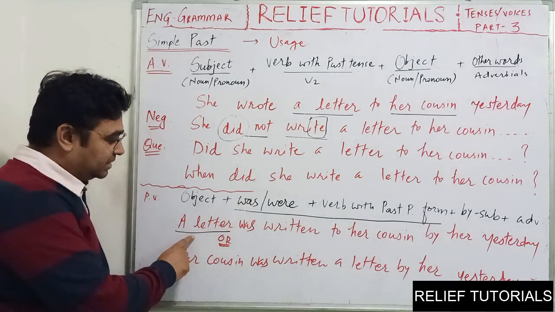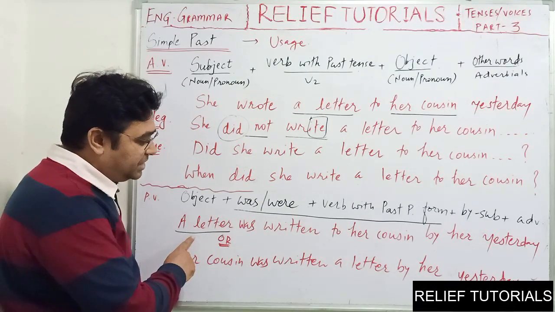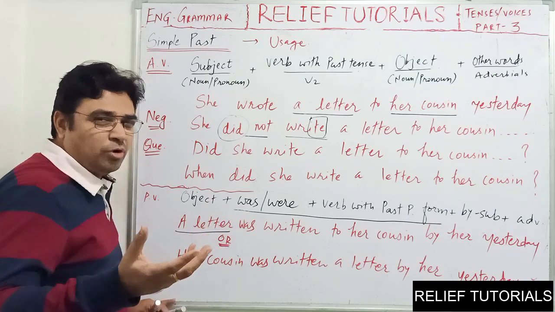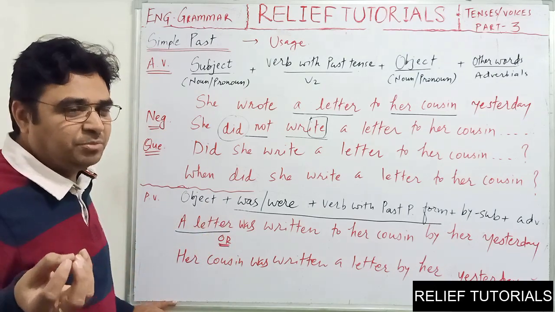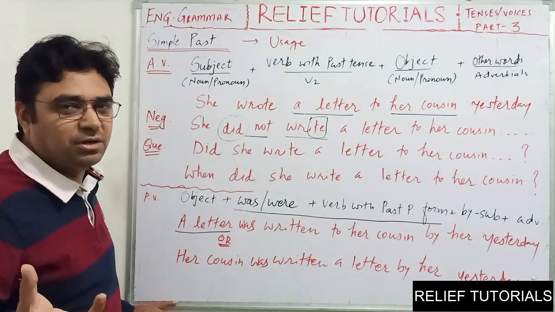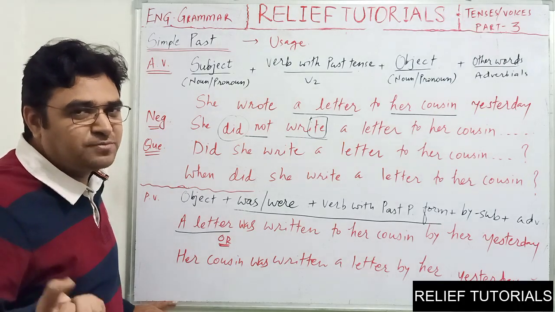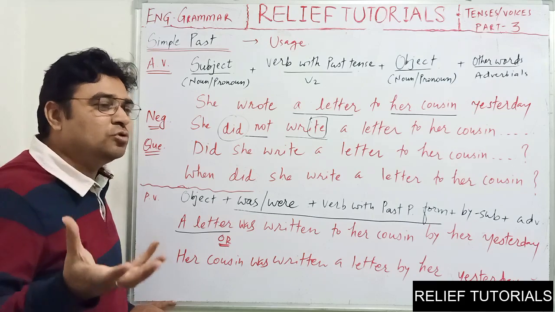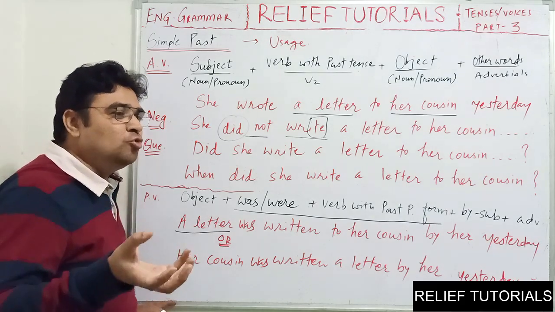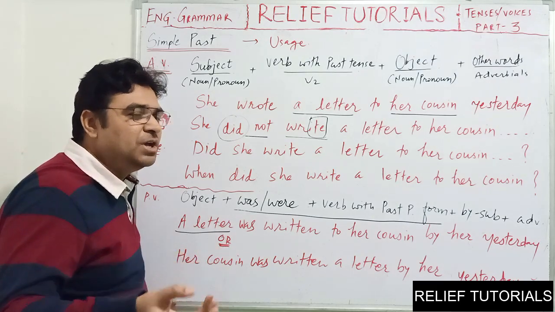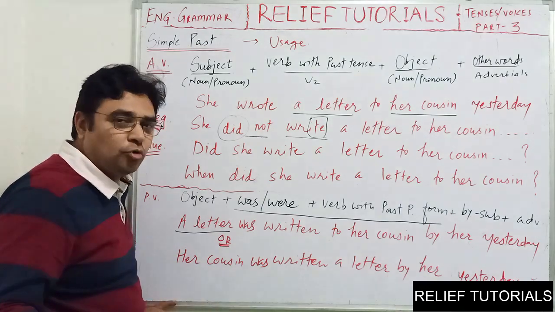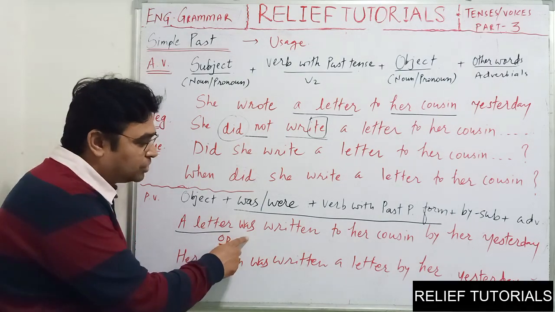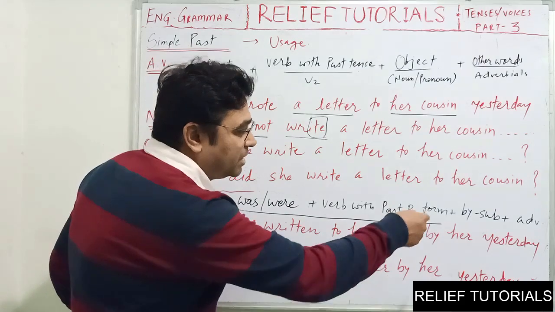So the same thing, letter sort of is now, comes was. Now you might have understood, if the subject is singular it comes was, if the subject is plural it comes were. If it is I, it comes was. We, you and they are followed by were. He, she, it again are followed by was. So a letter was written to her cousin by her yesterday.